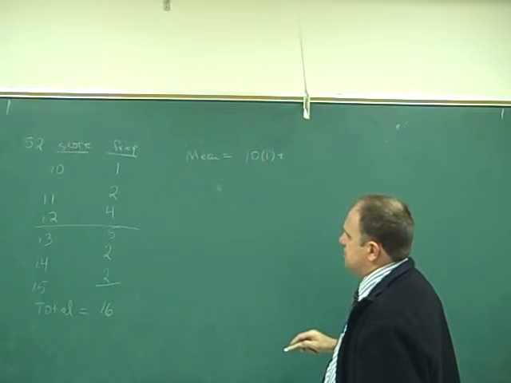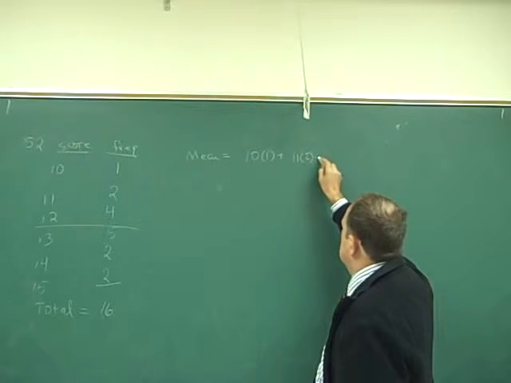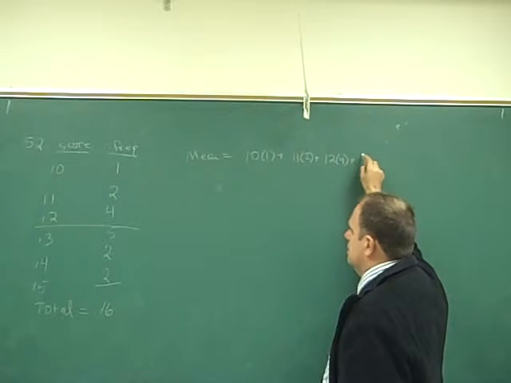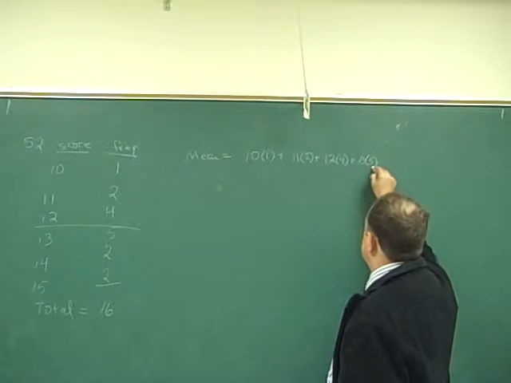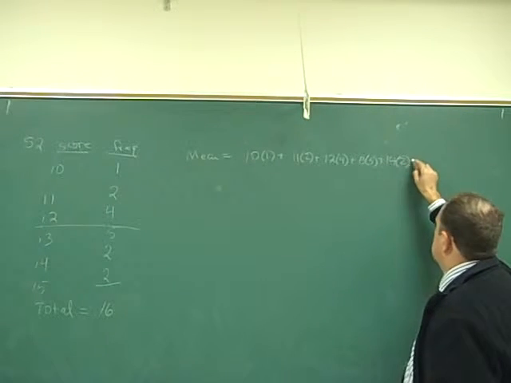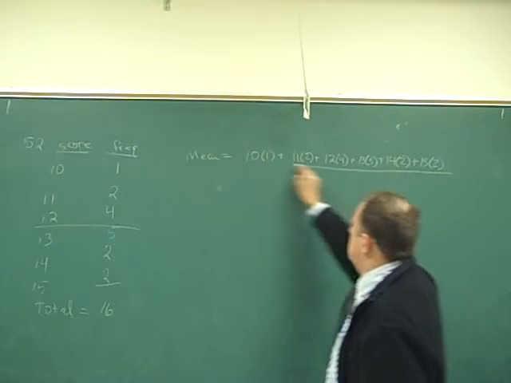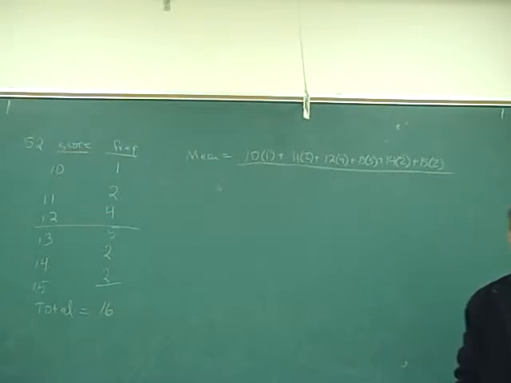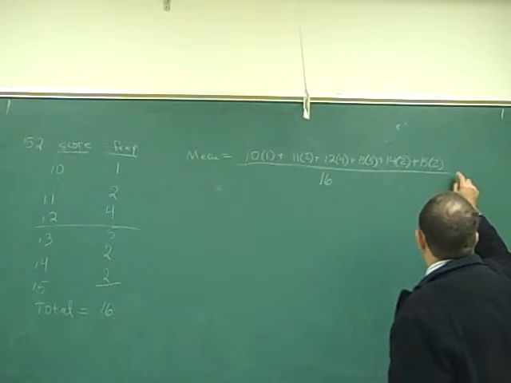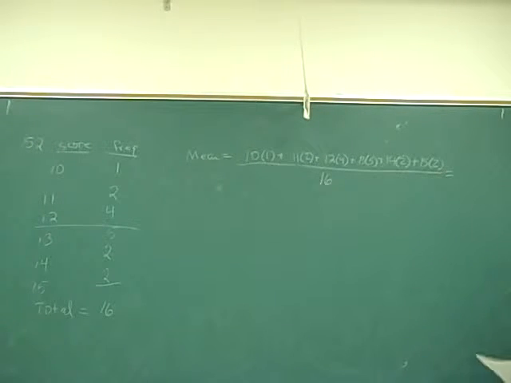Plus, what's next? 11 times 2, right? Plus 12 times 4, 13 times 5, 14 times 2, right, 15 times 2. And that's all going to be divided by, how much? 16, right.